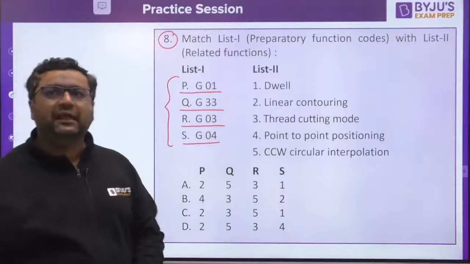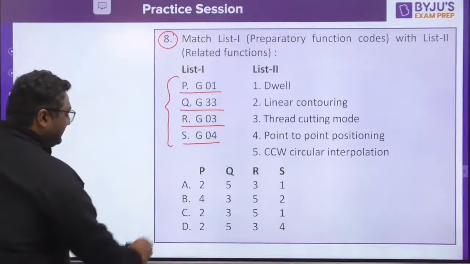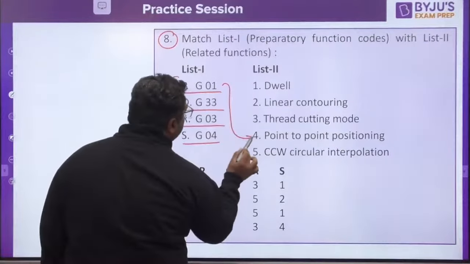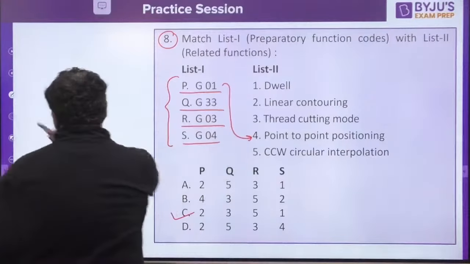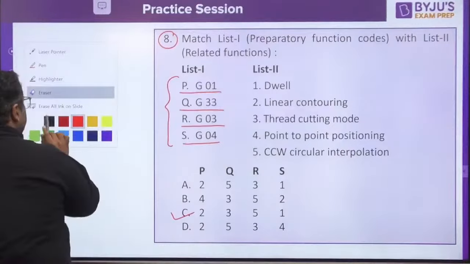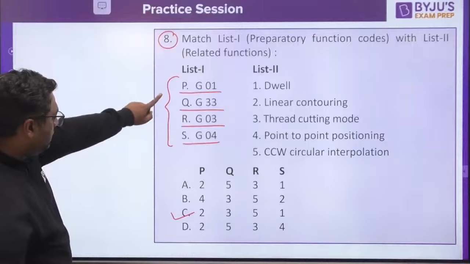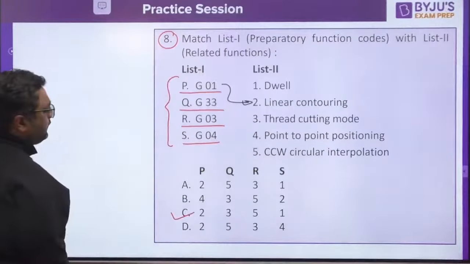Ankit Tripathi says C, Gaurav Vajpayee C, Rohan is also saying C. Yes, C is correct. You can see G01 is for P2P. No, this is for G00 actually. So G00, not G01. G00 was for absolute positioning. Now G01 is going to be for linear contouring or linear interpolation.